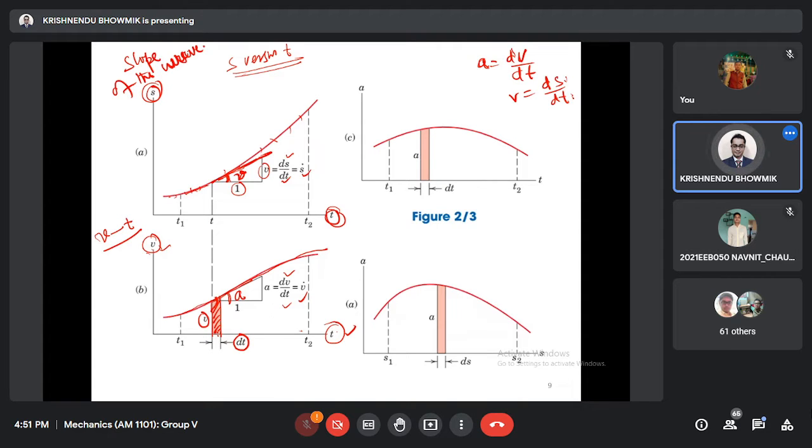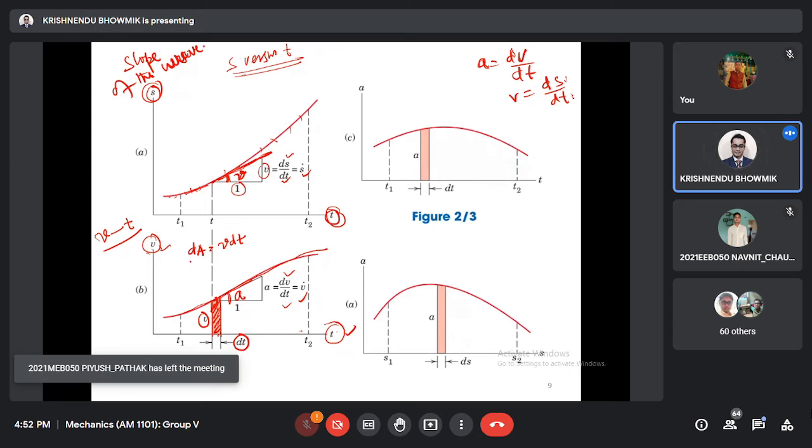Then what is this elemental area dA? This elemental area is nothing but v multiplied by dt.